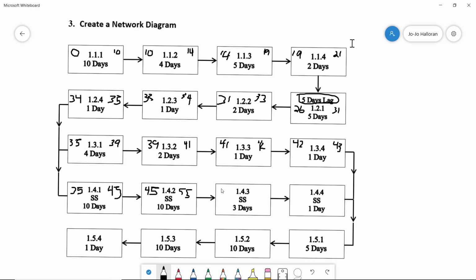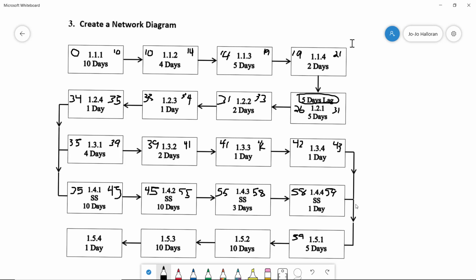Then our 55 plus 3 days makes it 58. Then we have our 58, and 1 day is 59, and then we come down and put 59 in here.